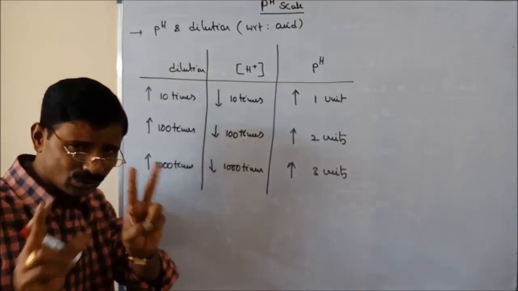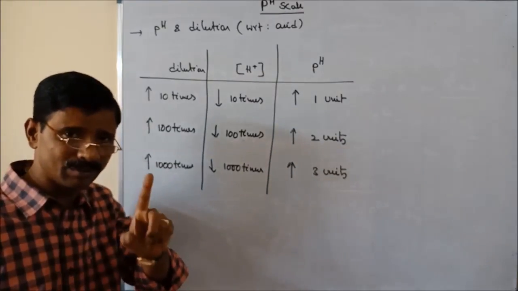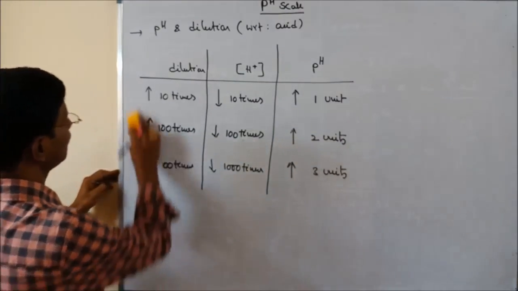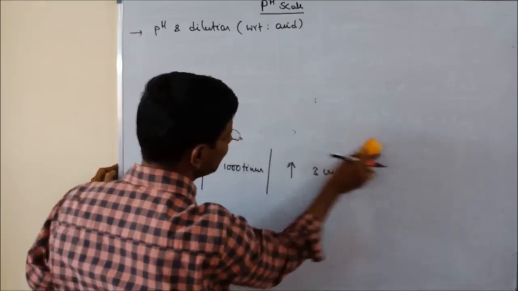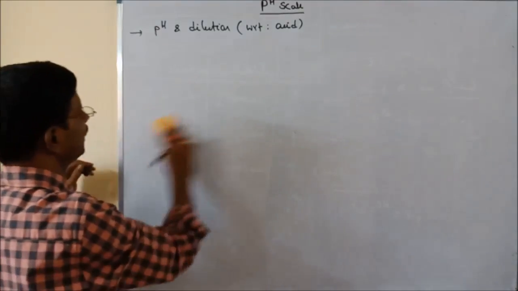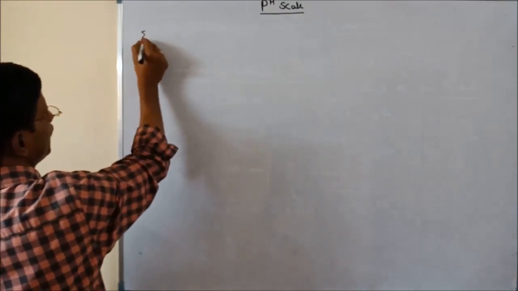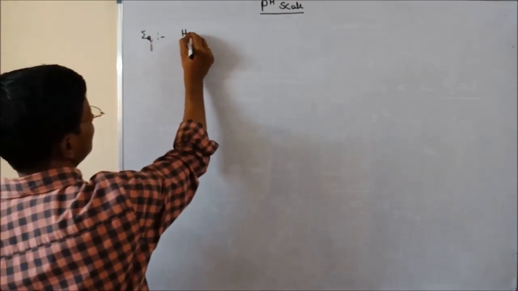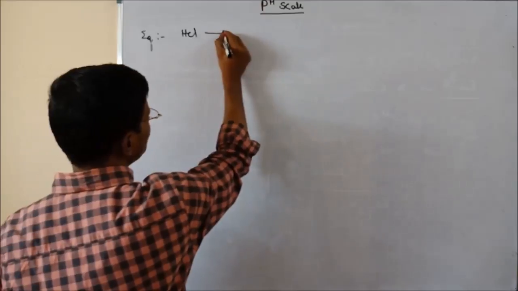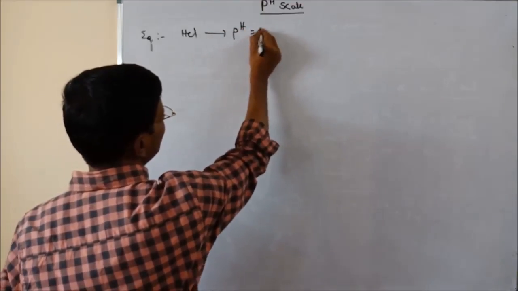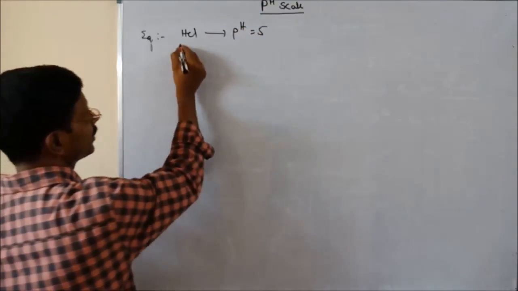Here I will show the same problem in 2 different ways. For example, here there is an HCl solution, which is an acid whose pH, let it be 5. This is the solution.